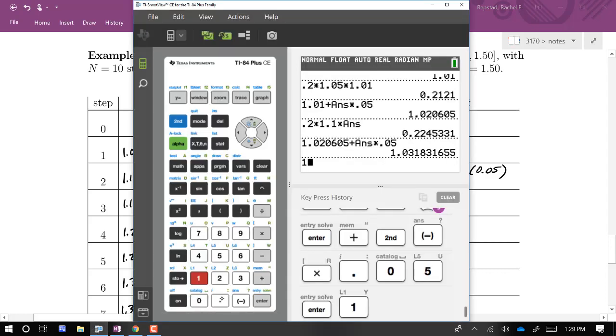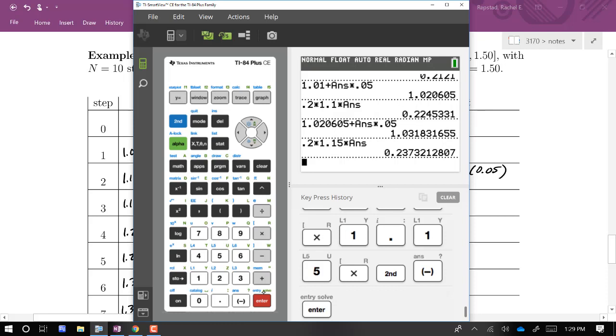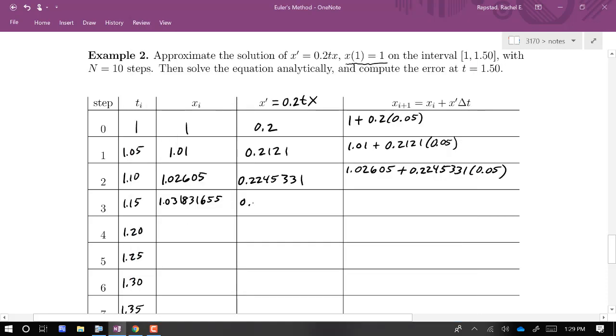And again, 0.2 times tx, and then old x plus x prime times delta t, 0.05.